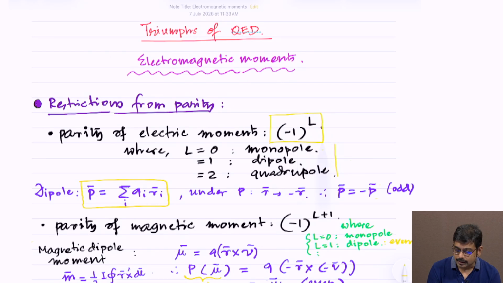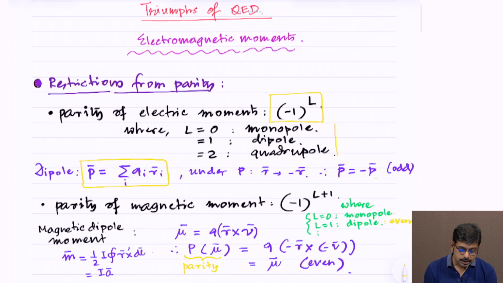Now, you will ask why this rule is applicable to the electric moments. Let us remind ourselves of the definition of the dipole moment. The dipole moment for a set of charges qi, which are spaced at positions ri, say for example P, is defined by the sum over i of qi ri. Now, under parity r goes to minus r.